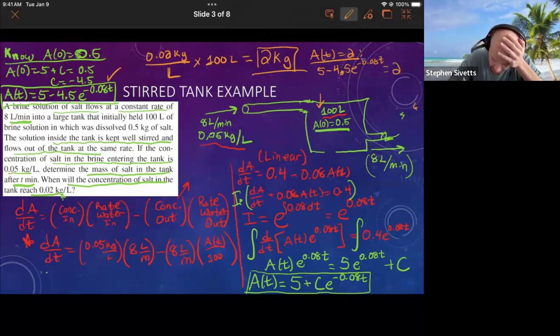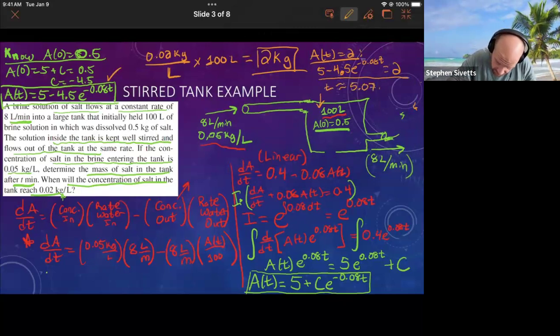And then just solve for t here, right? That shouldn't be too difficult. And then you should get that t is approximately 5.07 minutes, if you do this right.